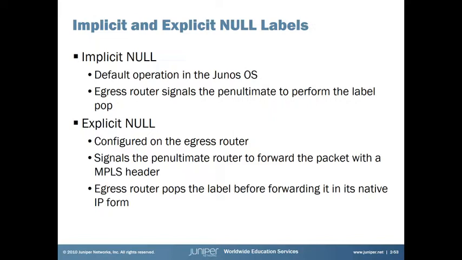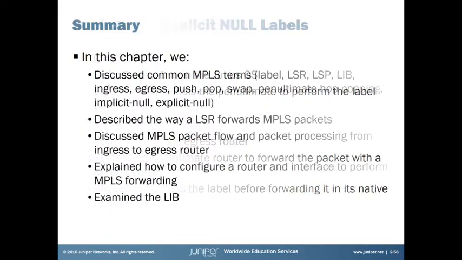That is a label value of 3, which tells the router that receives that label that it should pop that label, not swap it. There's an explicit null which can be configured on the egress router, which signals the penultimate router to send the packet with an MPLS header. That's not the usual operation. The usual operation is the implicit null.